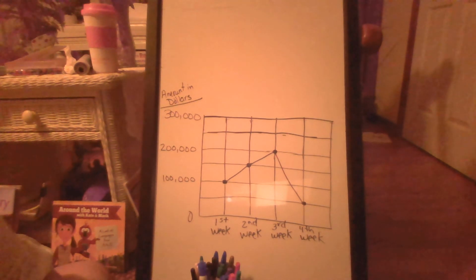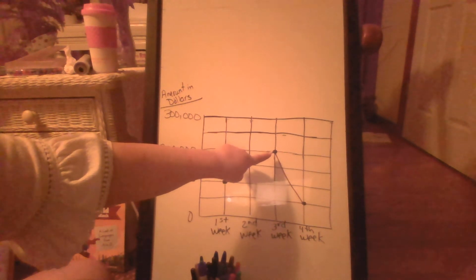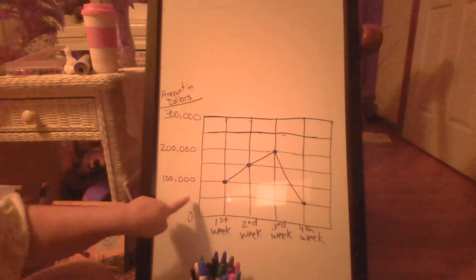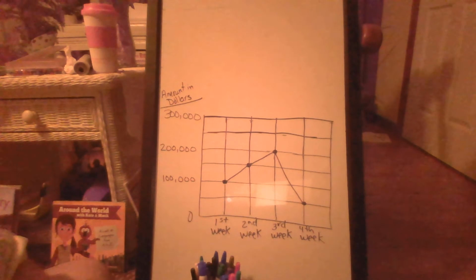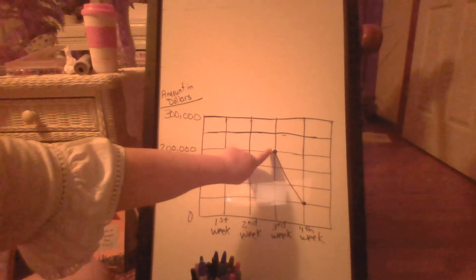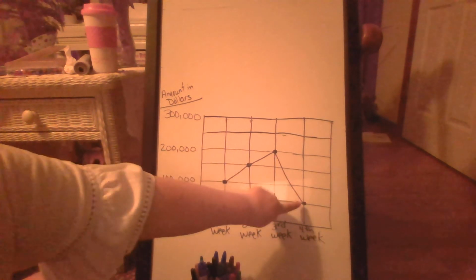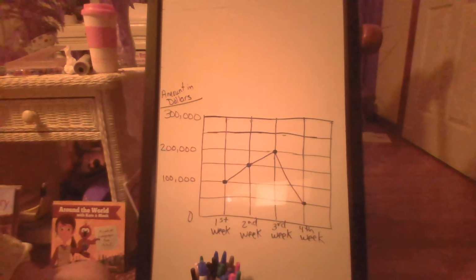So the weekly sales decreased from 200,000 in the third week to only 50,000 in the fourth week. So what was that decrease? We could count by 50,000s. 50,000, 100,000, 150,000. Oh my golly, that is a lot of decrease there.